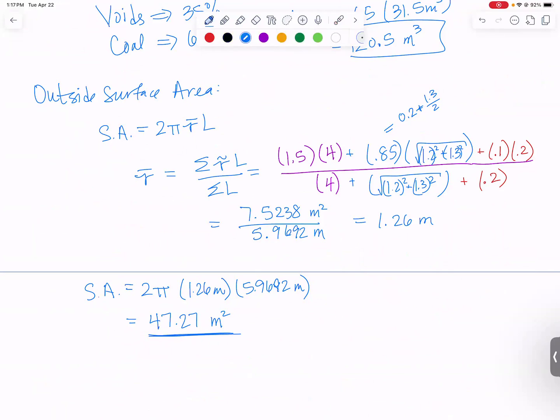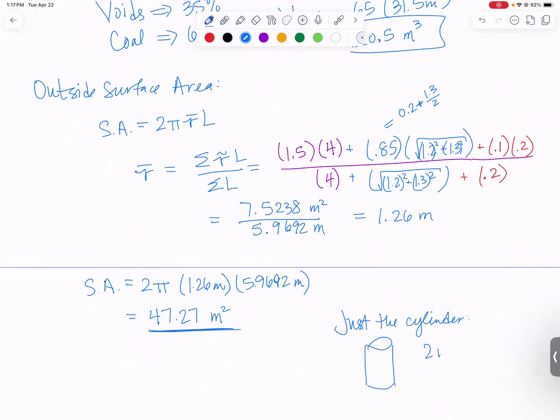If we were doing just the cylinder part, 2 pi times 4 meters long times a radius of 1.5 meters, you get 37.7 square meters of surface area. This is a little bit bigger because we also have the slanted edge and that little piece on the bottom. So there we have another way to find surface area and volume using our knowledge of centroids.